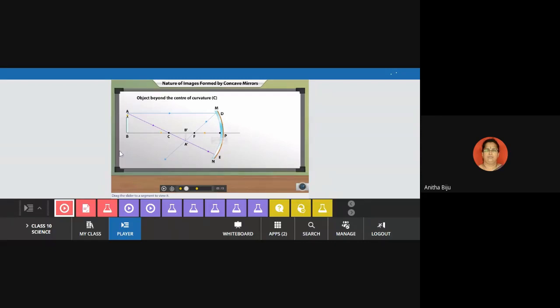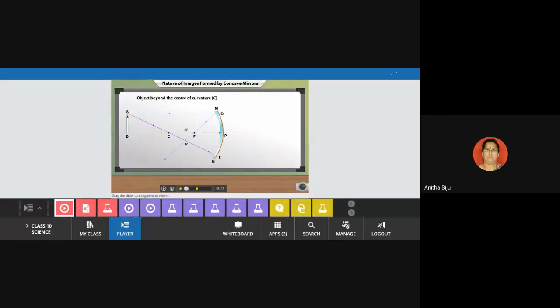You can use the word diminished, but you can see that it is not that much diminished. You can write smaller in size, and in brackets write diminished. This is the position of the image. Along with the diagram, you can write the position of the image.